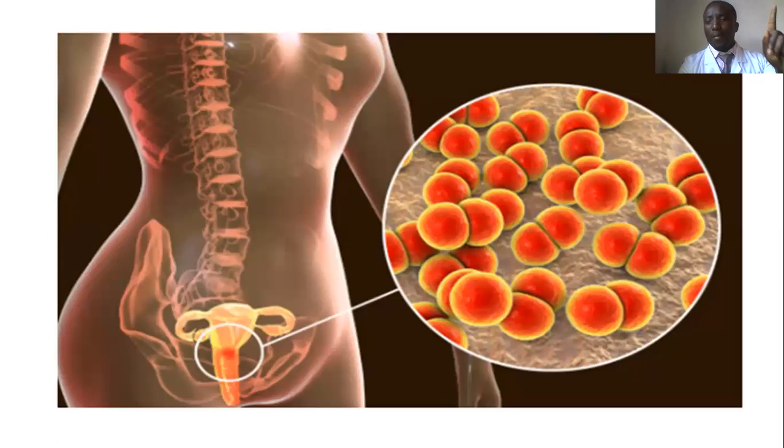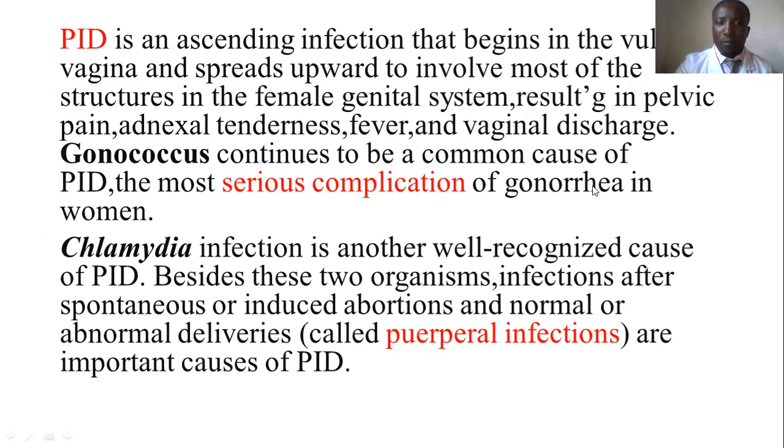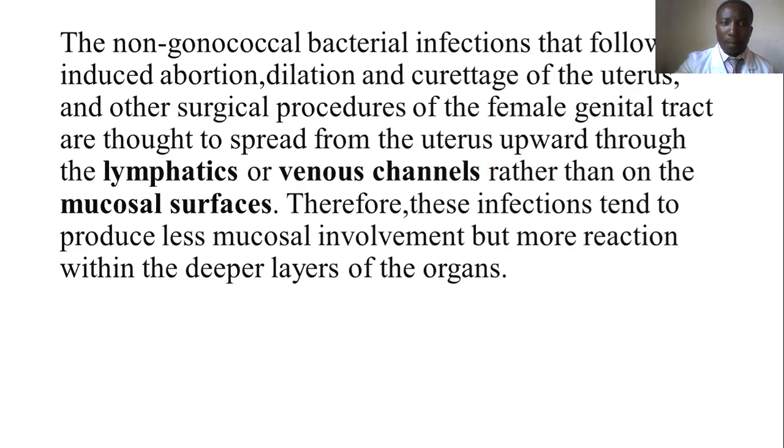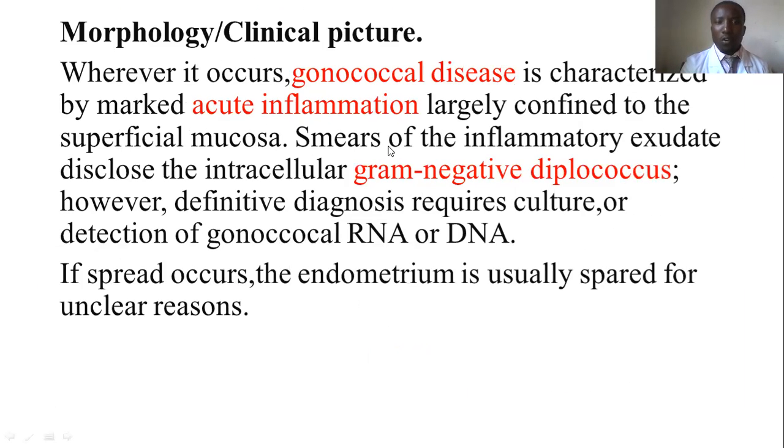Di meaning two, then cocci, diplococci. So you can see they are existing in pairs, 1, 2, diplococci. So when we say diplococci, we are referring to Neisseria gonorrhea.